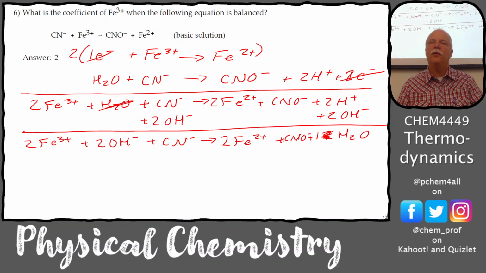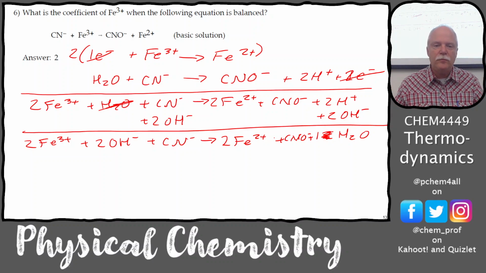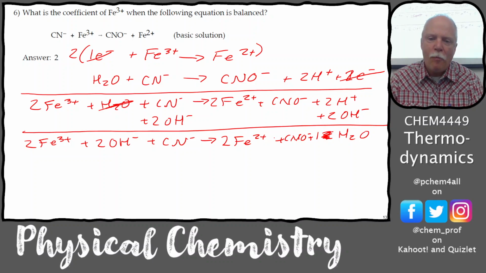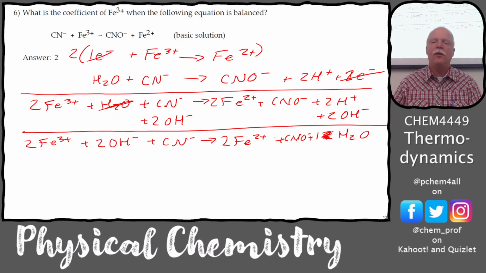So that's pretty straightforward. That's how I do basic solution redox reactions: I just balance them normally and then neutralize the protons and cancel the water. So it's really 2 more steps, but it's a nice conceptually easy step. Most of the redox reactions that I come across have protons as reactants, so they take place in acidic solution.